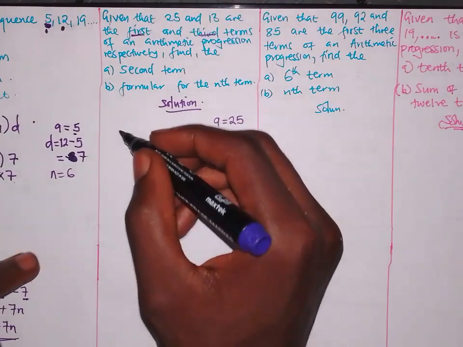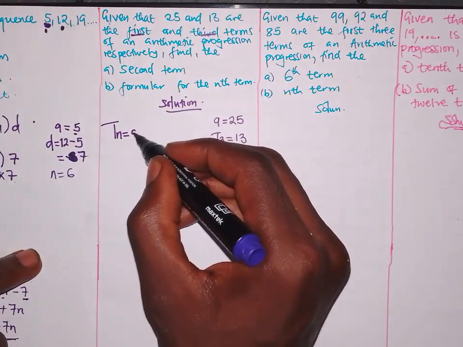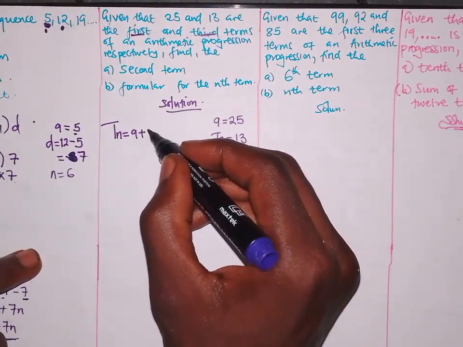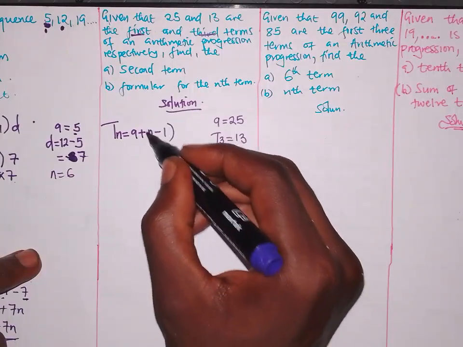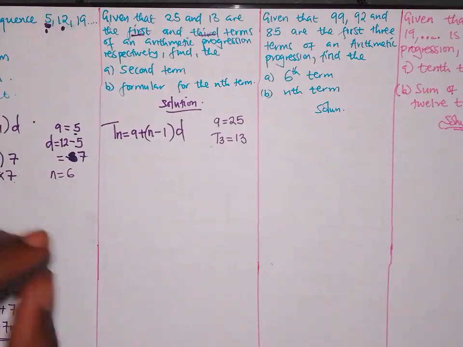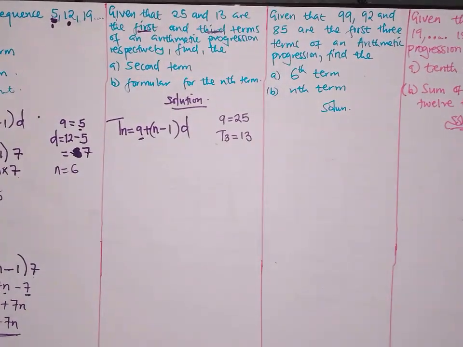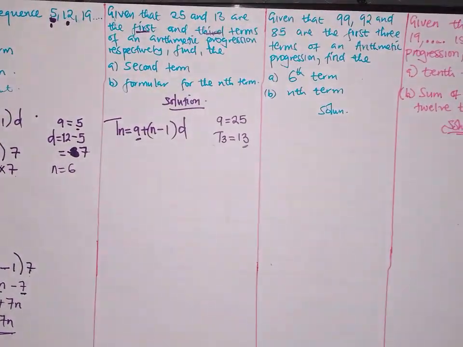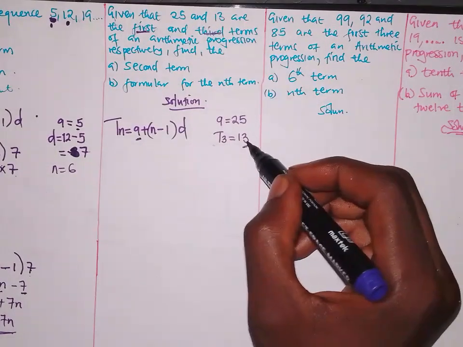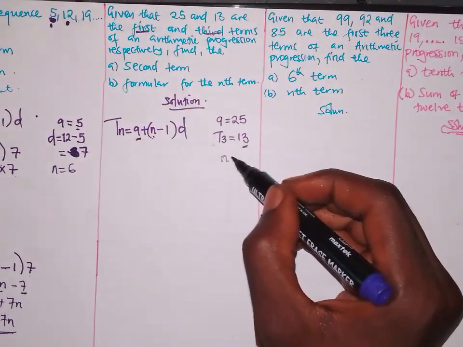If you look at the formula for calculating the nth term, it is a plus n minus 1 d. Then if we look at the data, we have our first term, we have our third term, and we also know the position at which the third term is, which is n, which is 3.